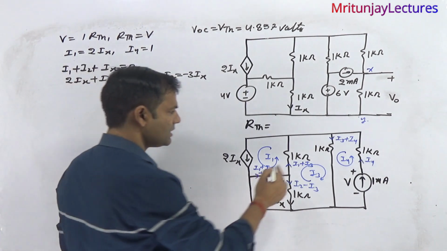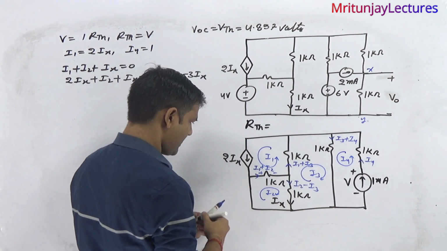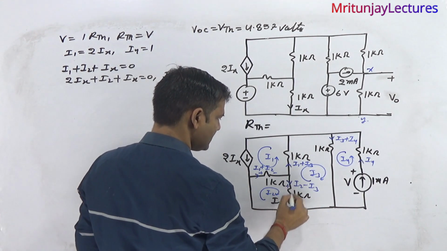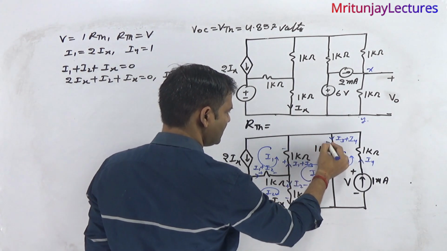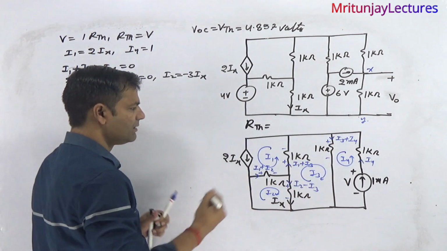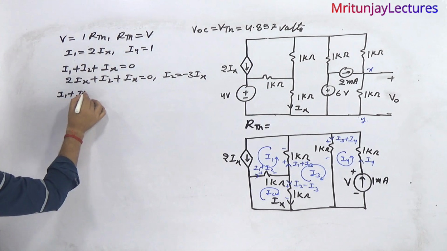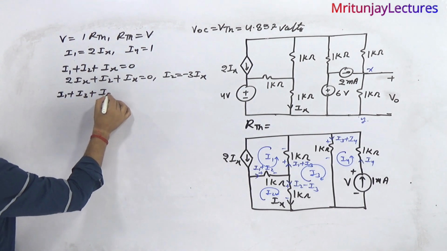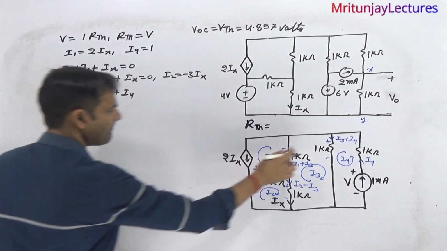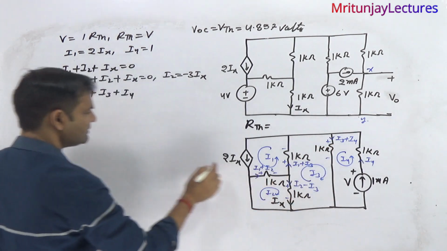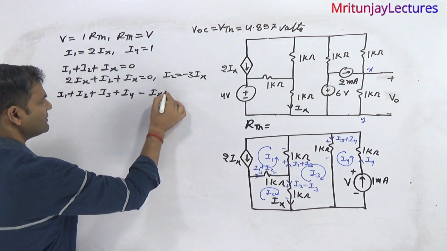Now apply KVL in this loop. Here plus minus, first of all assign sign. Plus to minus, I1 plus I3 plus I3 plus I4, and minus 2 plus minus Ix, this is equal to 0.